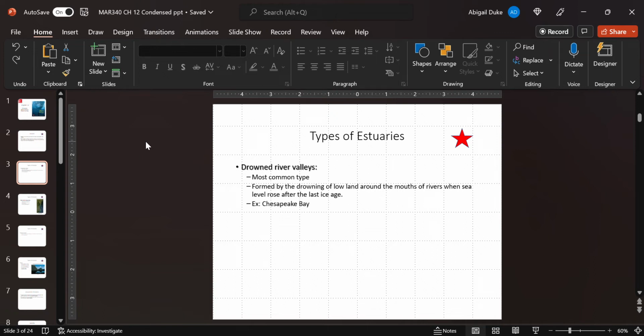It says estuaries can be classified into 4 basic groups based on their origins: drowned river valleys, bar-built, tectonic, and glacier-carved estuaries or fjords.